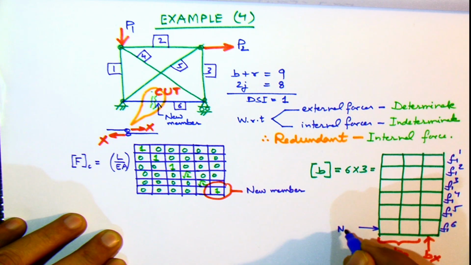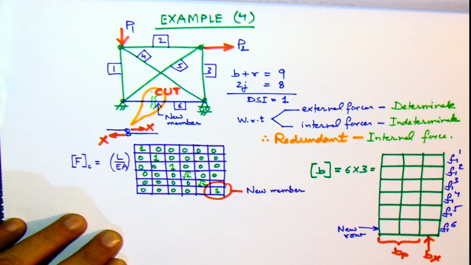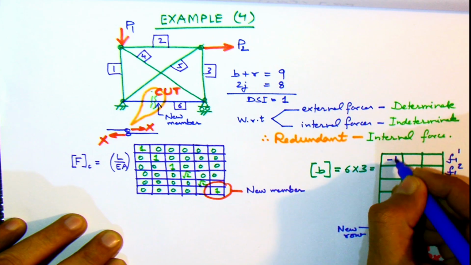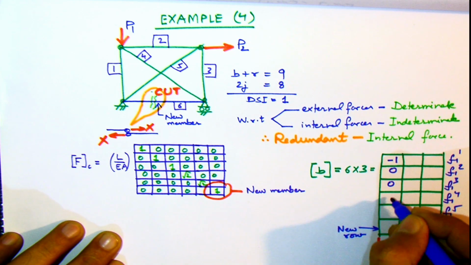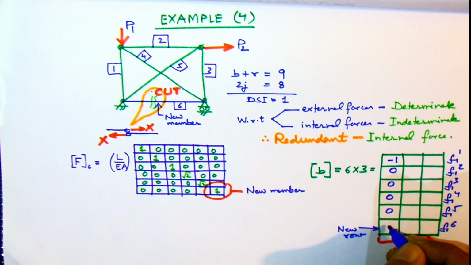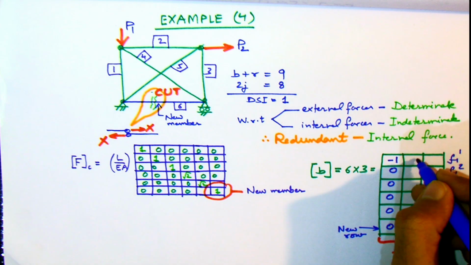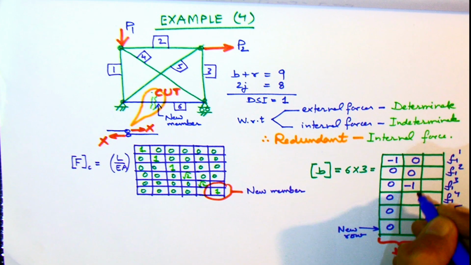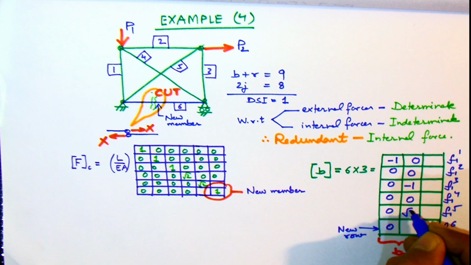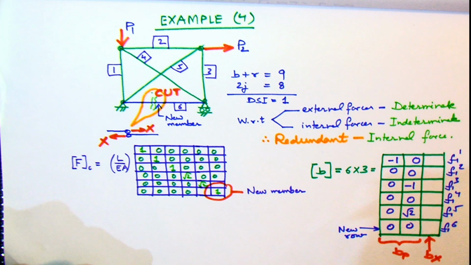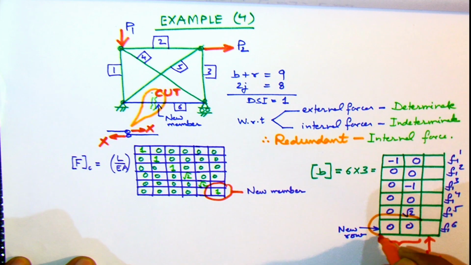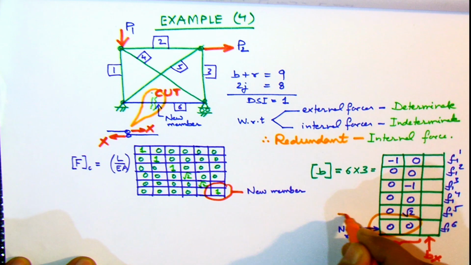For the first two columns we need not do extra effort, as we have already determined them. The only thing is that we now have to fill up the entries for member number 6, and for these two cases the entry will be 0 because this is a cut portion. When we apply the forces P1 equal to 1 and P2 equal to 1, because of the cut there won't be any force in member 6, so zeros are coming here.